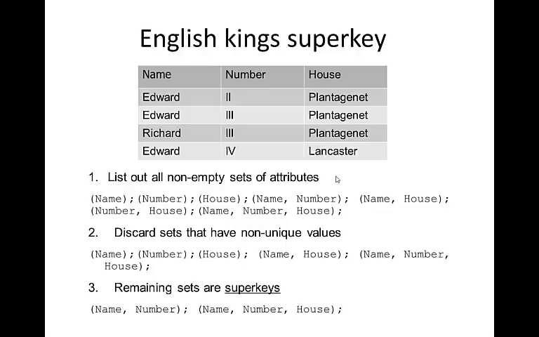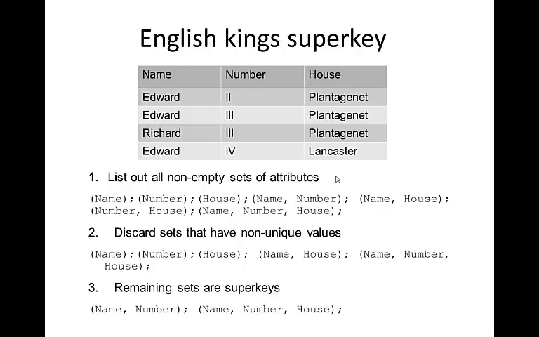We list out all the non-empty sets of attributes, so all combinations of these 3 fields. With 3 fields we can do this, but imagine if we had 50 fields. It's not really practical.